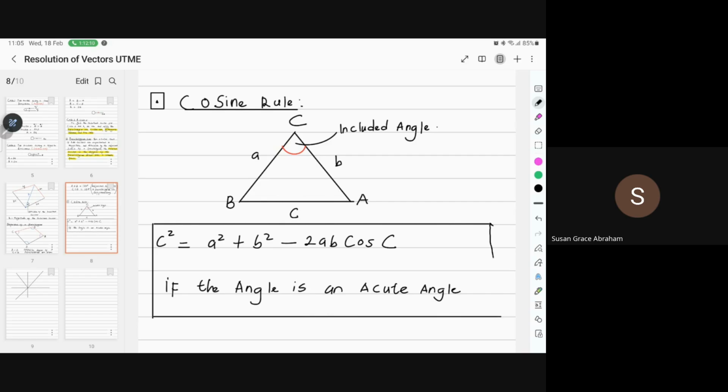So I wish she was here. This will make more sense to her. So if the included angle is an acute angle, that's it. Let me put it there. If the included angle is an acute angle, sorry, this is not making sense here. So let's rewrite very well.